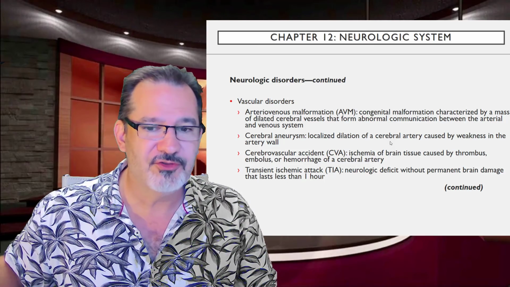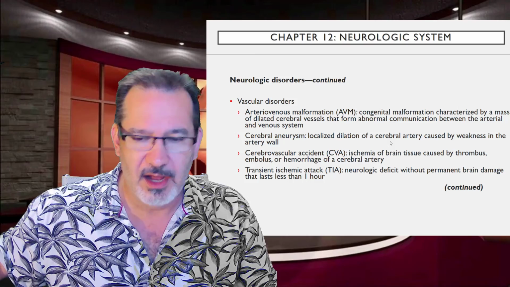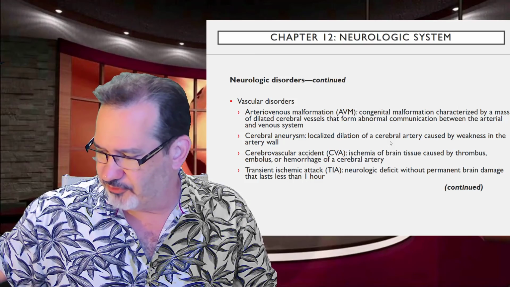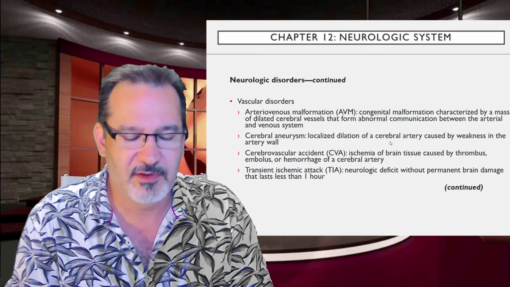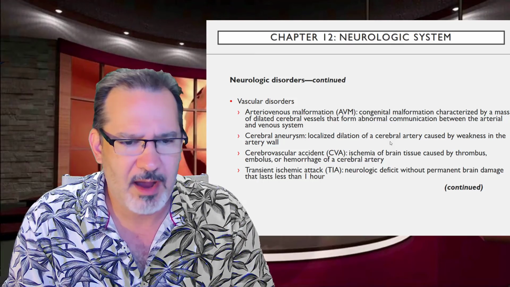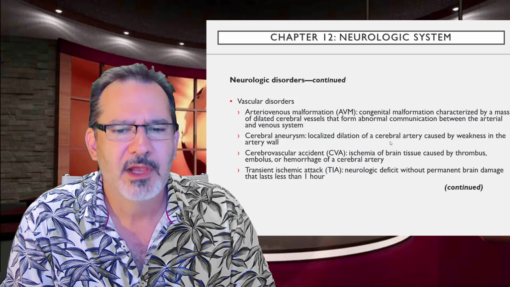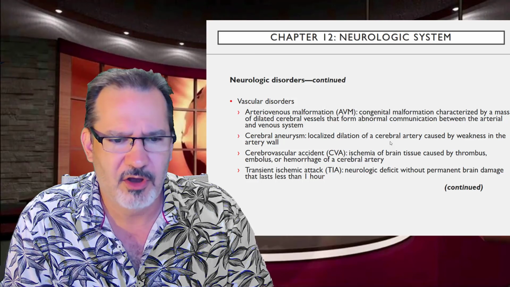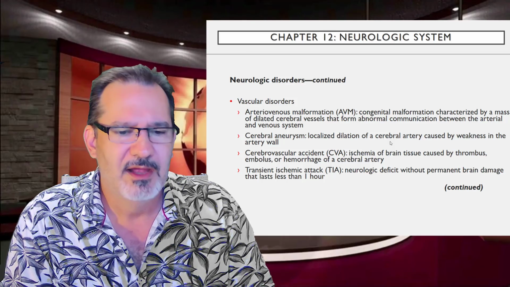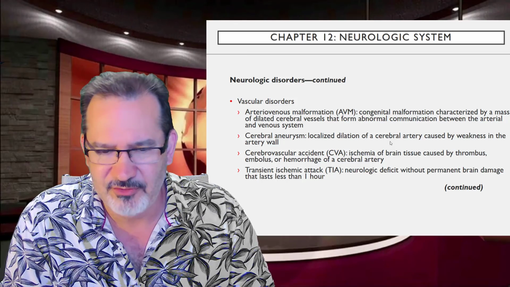Okay, vascular disorders, things where we have decreased or increased potential blood flow or activity of blood in the brain. Probably cerebral aneurysm is fairly common, localized dilation of the cerebral artery caused by weakness of the artery wall. And then cerebrovascular accident, or a CVA.